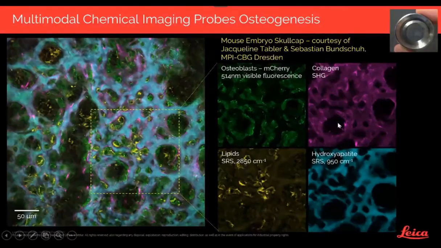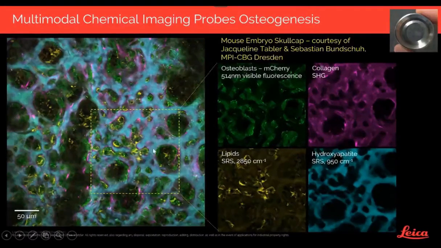And then in addition, providing you the nonlinear imaging contrasts, in this case collagen, visualized by second-harmonic generation, and the hydroxyapatite, the mineral that is actually making up the forming bone, visualized by a different vibration using stimulated Raman scattering. And then in addition, lipid-rich structures imaged at 2,850 wave numbers.